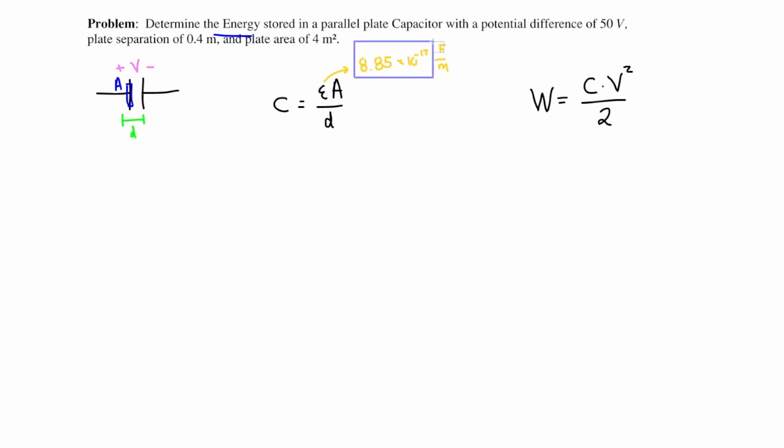Now, utilizing this value and substituting our variables known given in the problem, our area of 4 meters squared divided by our d, our distance or separation between the two plates, of 0.4 meters.